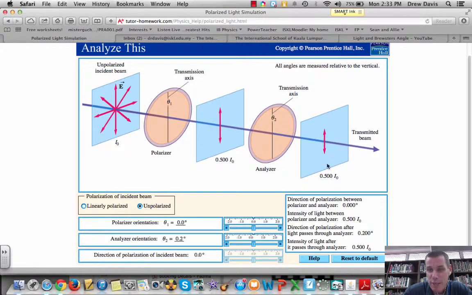This gives me a maximum transmission, 100% transmission. And then as I change that angle, this component gets smaller and smaller, less and less intense, until I get to an extreme case of 90 degrees right here, and there the light is blocked. It's 0% transmission.